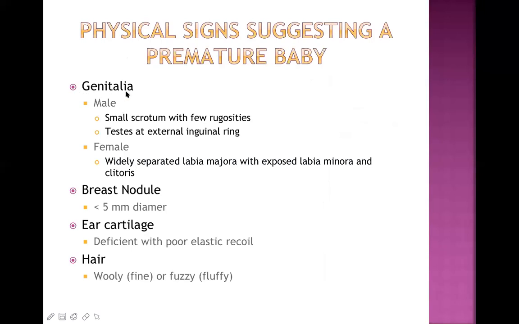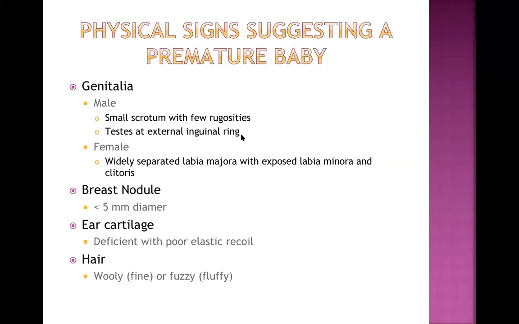Examine the genitalia. In a male baby, if the baby is premature, the scrotum is very small with few rugosities. In a full-term baby, the rugosities in the scrotum are complete, and the testes are present at the external inguinal ring.